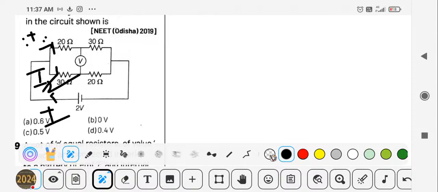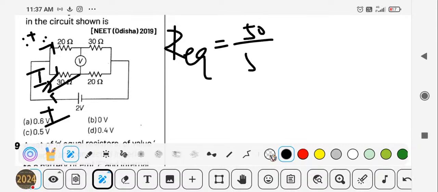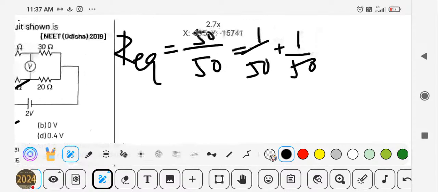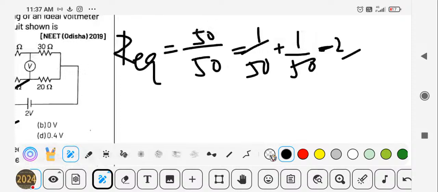So R equivalent: above it is a series of 30 plus 20, which will be 50, and below it is again 50. Now these both are in parallel, so you can write 1 by 50 plus 1 by 50, right? Taking the LCM, that is 2 by 50, which will be 1 by 25.